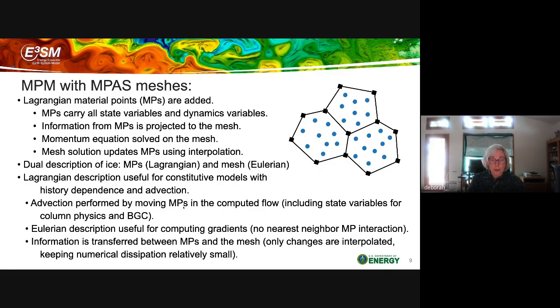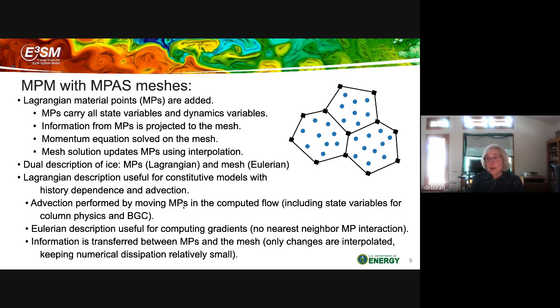It's a natural way to model advection, because as material points move, they carry all of their information about the state of the ice with them. Whereas if you have a mesh-based scheme for advection, you have to solve nonlinear equations on the mesh, and they tend to be diffusive.